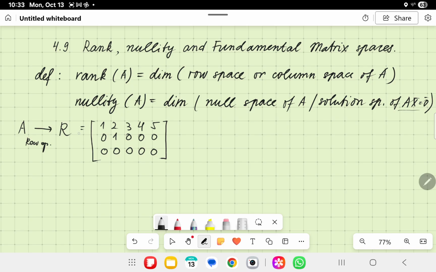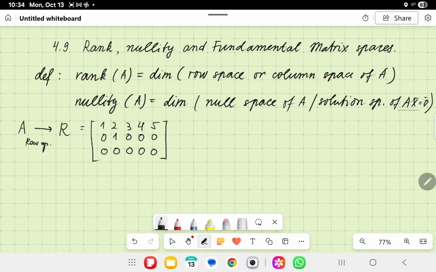Let's consider somebody gives us a reduced echelon form, and the system has 5 variables and 3 equations, and when somebody was doing row operations, we totally eliminated row number 3.